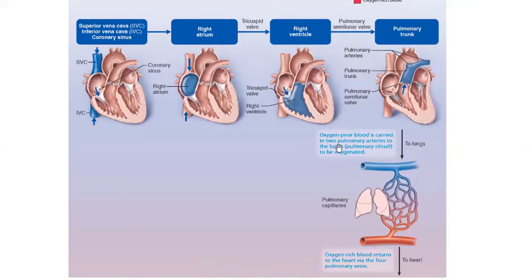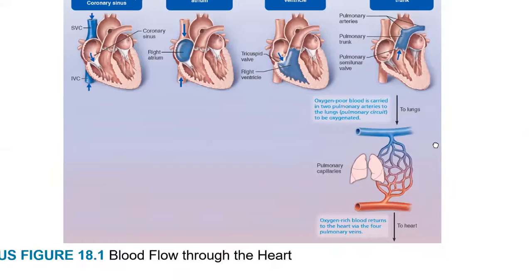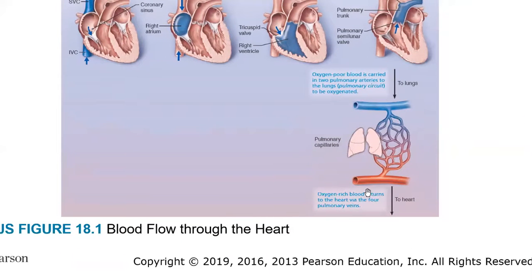Let me tilt my laptop at a certain angle. Oxygen poor blood is carried to the lungs. Okay, fine. Now you have the respiration, right? Think of the red blood cell as a bus with 8 seats.